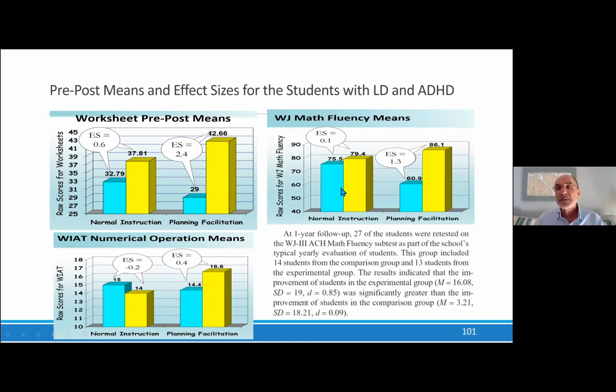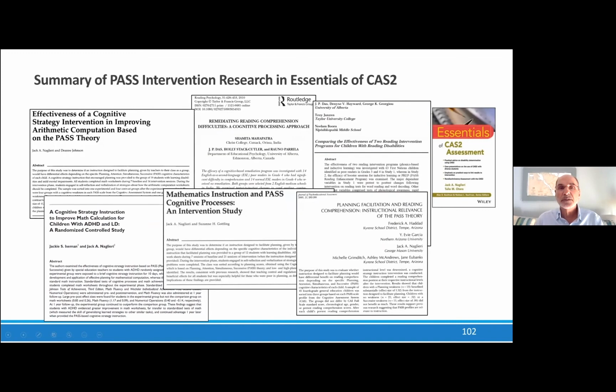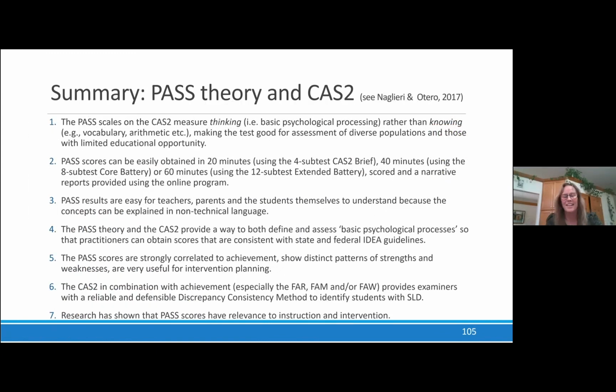A year later, we went back and pulled the achievement test scores out of the files, then current. The experimental group was still better than the comparison group. A year later, we were never in the school in that year. This simple intervention made a profound difference in these students' performance. And there's a bunch of related research on cognitive interventions.